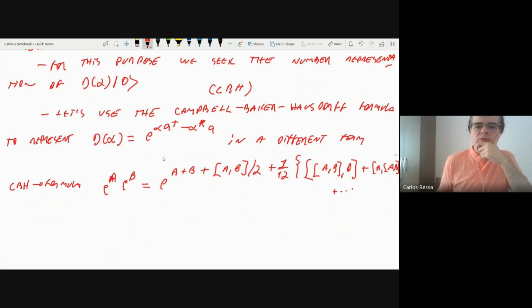But for quantum mechanics, the importance is in these first two terms, because in general A and B do not commute, but they commute with one of them, the commutator of A, B commutes with B.